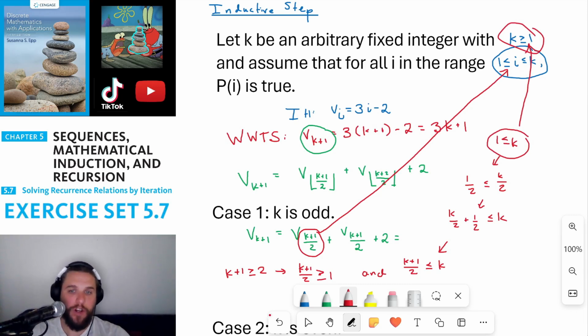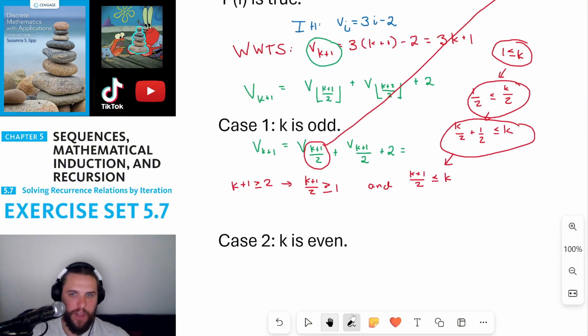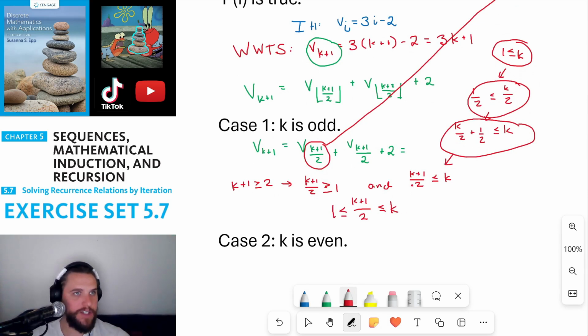So the logic works backwards here. If we start by saying k is greater than or equal to 1, then we could divide both sides by 2, and then we can add k over 2 to both sides, and then combine the fractions on the left-hand side to get (k plus 1) over 2 is less than or equal to k. This is all to show that (k plus 1) over 2 is in the range from 1 to k, which is perfect, because this means that p of (k plus 1) over 2 is true.